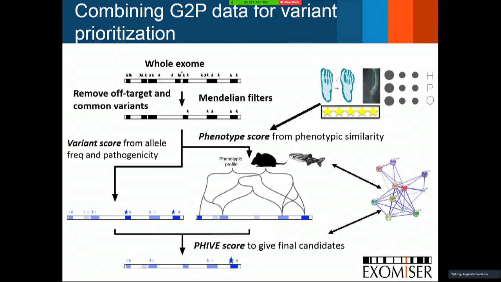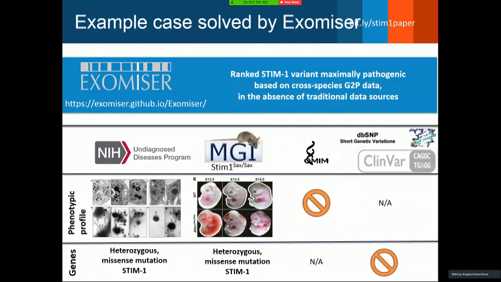And then that gives us a final score of candidates. So in collaboration with the Undiagnosed Disease Program, we've applied this technology and have improved the diagnostic rate between 10 and 20% for the Undiagnosed Disease Program.